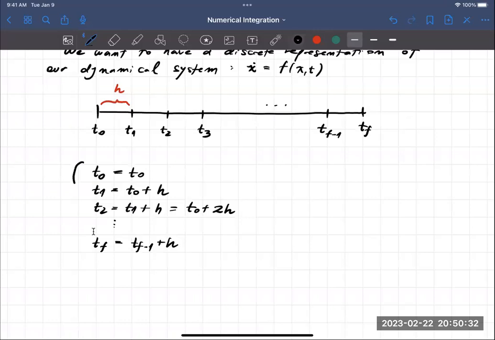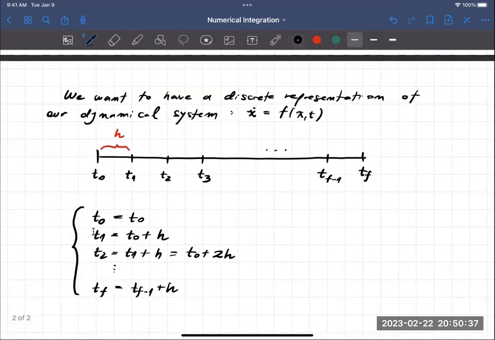So what we have done here is just take discrete steps, as many as we want, between the initial boundary of the interval T0 and Tf, okay? As I said, we can take as many points as we want. That's something that we're going to discuss throughout this chapter.